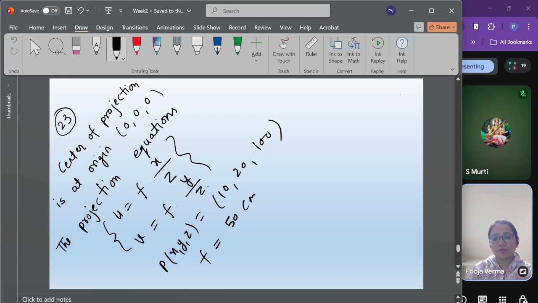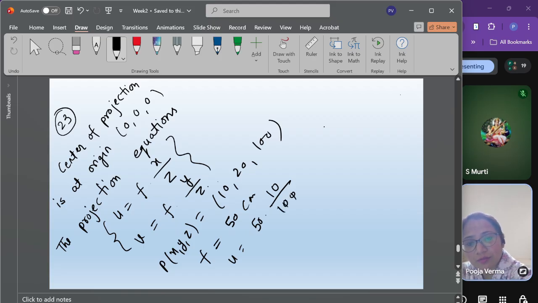Now substitute these values and calculate the horizontal and vertical coordinates, u and v. f is given as 50, x is 10 and z is 100.